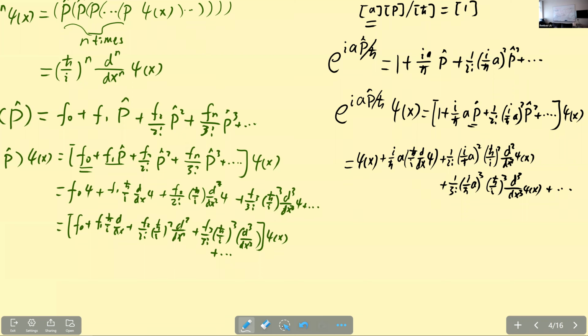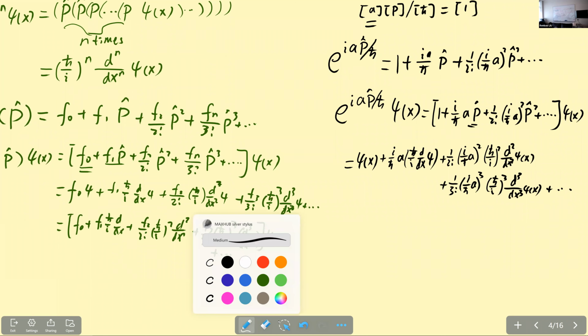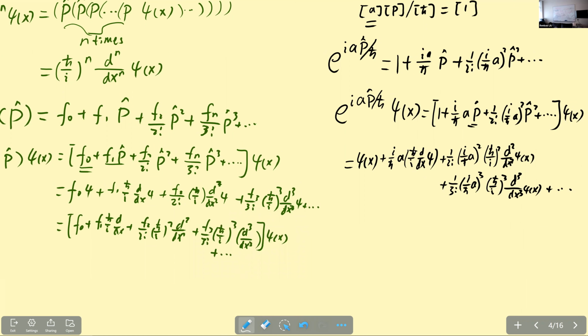And now you can see that, yes, of course, this h bar cancels this h bar, this i cancels this i, right? And this i cancels this i, this h bar cancels this h bar, and this i cancels this i, this h bar cancels this h bar, okay? To simplify this one a little bit, okay?